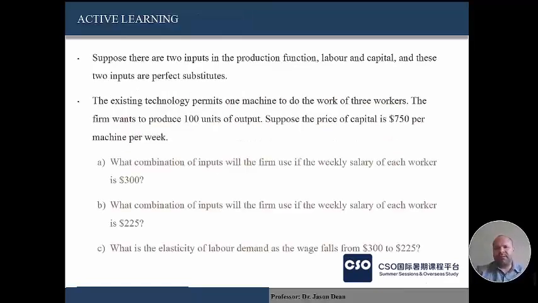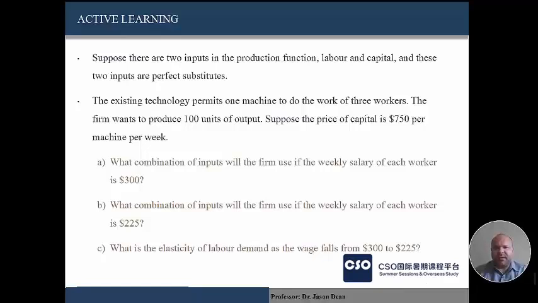Next question. Suppose there are two inputs to the production function, labor and capital. That's what we've been doing all along. And these two inputs are perfect substitutes. Okay, so if you remember, that is the linear isoquants. That's one of the special cases we looked at earlier.